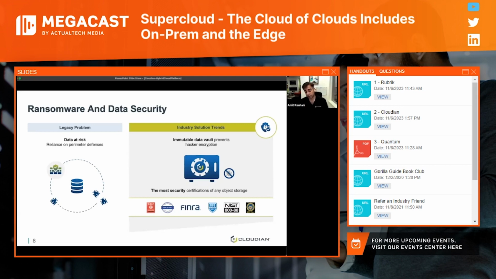Availability is another factor, right? We've all heard of cloud outages. This can impact SLAs. So having your own cloud under your own management, where you can control the outages of your infrastructure, is another piece.